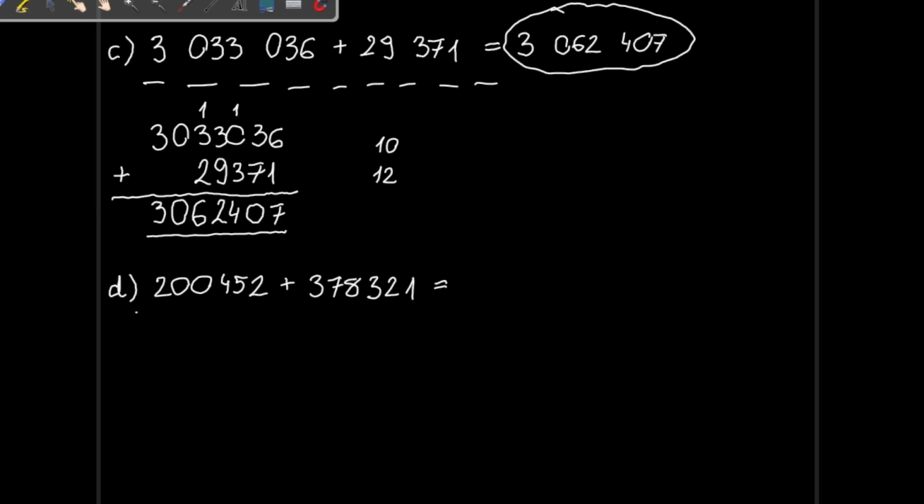So let's add these two together. Now, these two numbers have the same amount of digits, so we will not need to be careful about this case in the previous exercise. We can just write these two in a column without any issues.